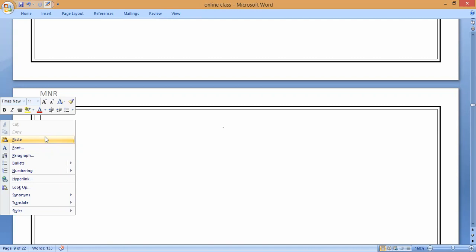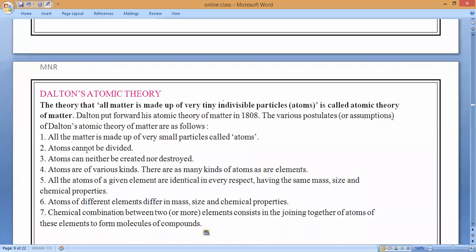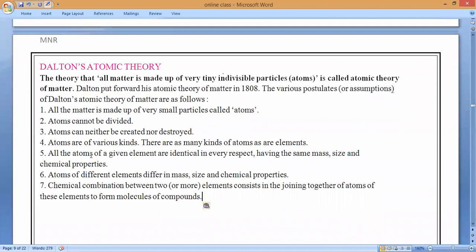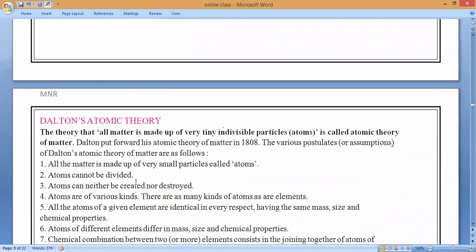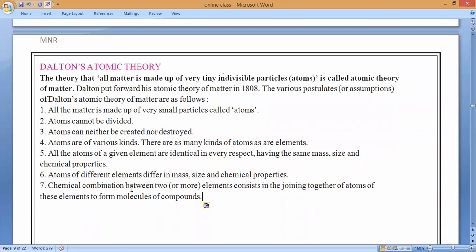Everybody? Smallest particles of matter, atoms. And he proposed his theory, that theory is called Dalton's atomic theory. Now, what he is saying and how it will be, let us discuss. And in later classes, some points of his theory were proved wrong. So that also we'll study.